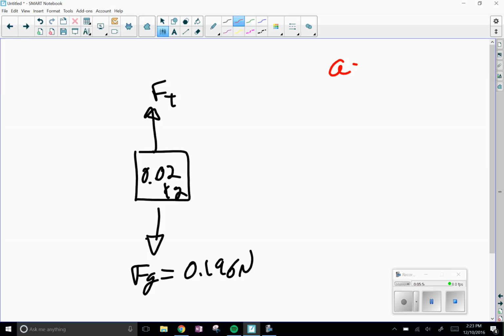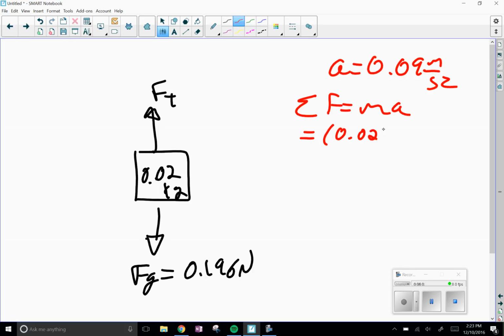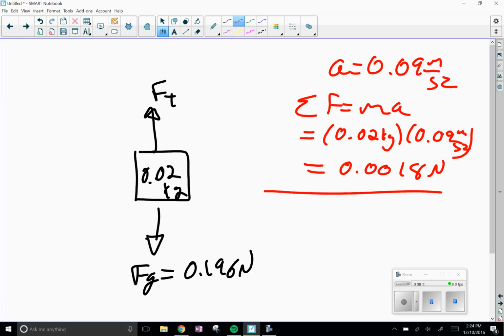We know the acceleration, 0.09 meters per second squared, so net force is mass times acceleration. 0.02 kilograms times 0.09 meters per second squared gives you a net force of 0.0018 newtons.